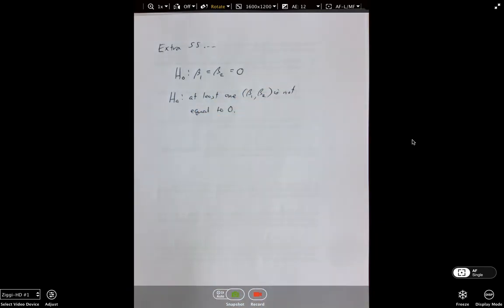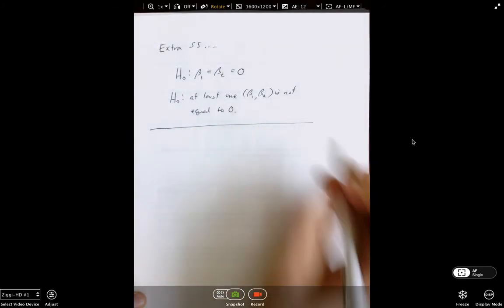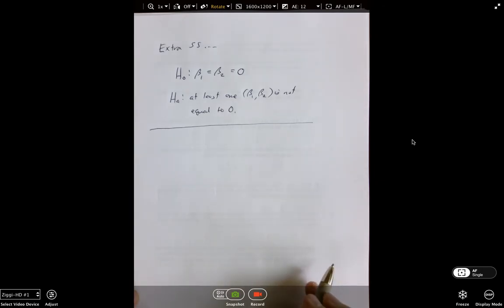At least one beta is not equal to 0. So essentially we're examining the full-on effect of the model, but at the end of the day, we want to look at the effect of adding x1 and x2 when x3 is already in the model.